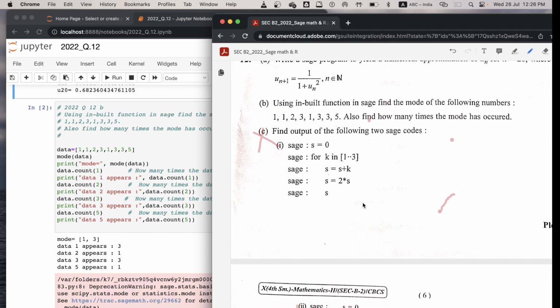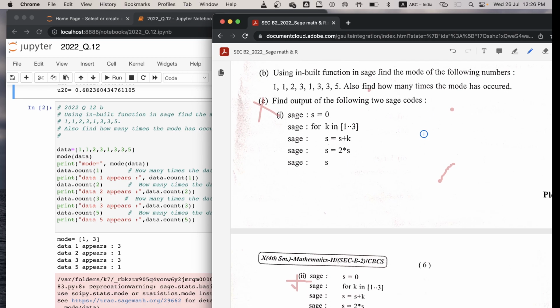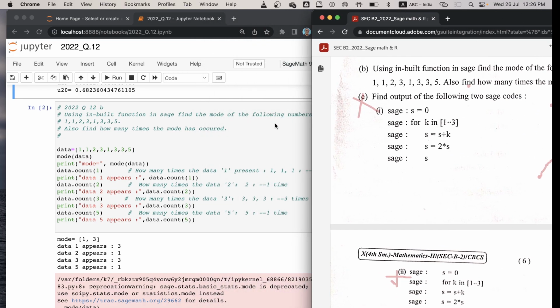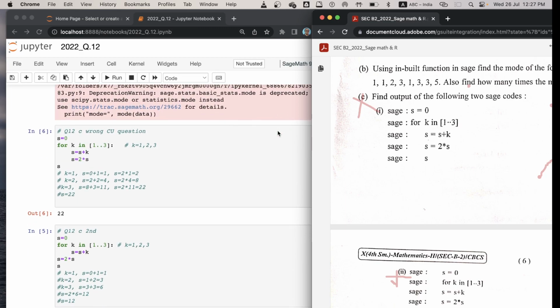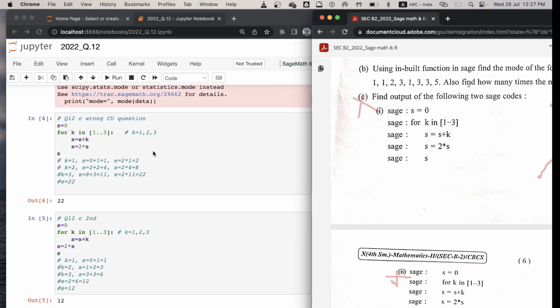Next, 12C is a wrong question here. Find the output of the following two Sage codes. For s equals to 0, for k in third bracket 1 dot 3. So 1 dot 3, but there is no colon here, so put a colon here.